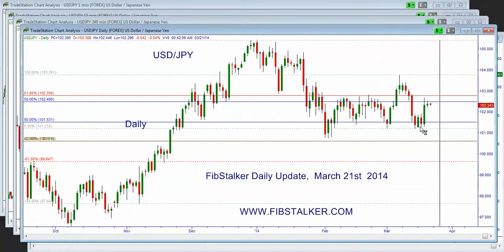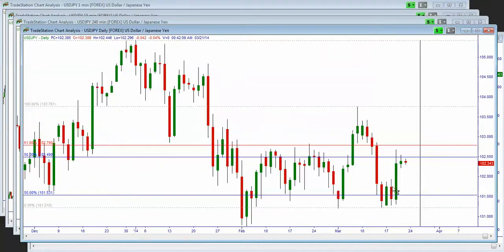You will remember that this market in the last 3 to 4 days has been into and close to this 101.53 area of support, and with the strength we saw 2 days ago in the dollar, this market has followed along, and we saw this big bar higher here.